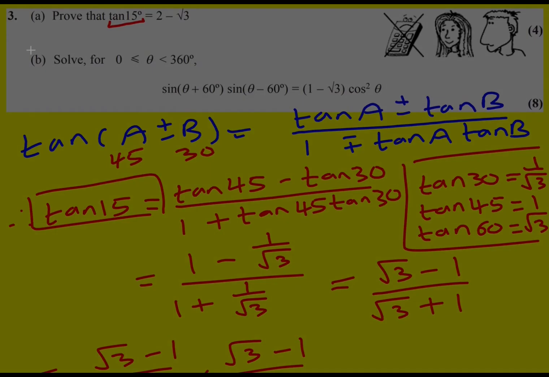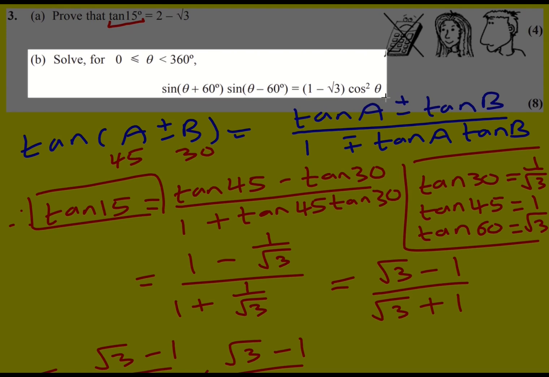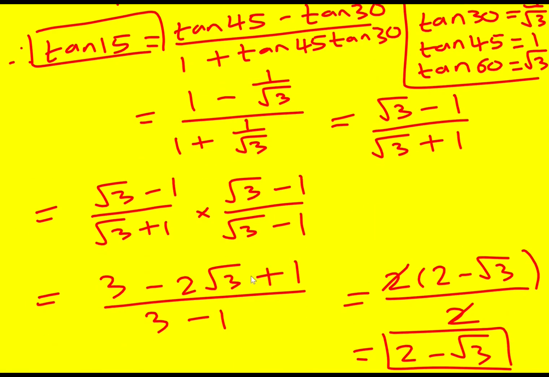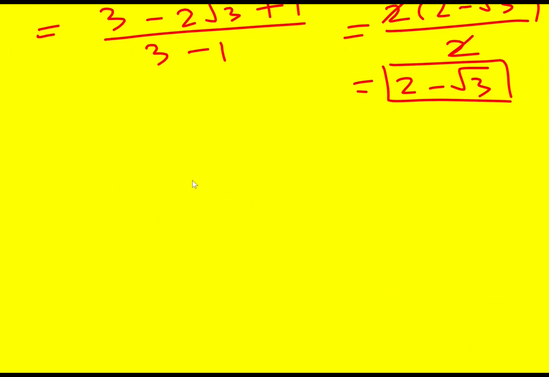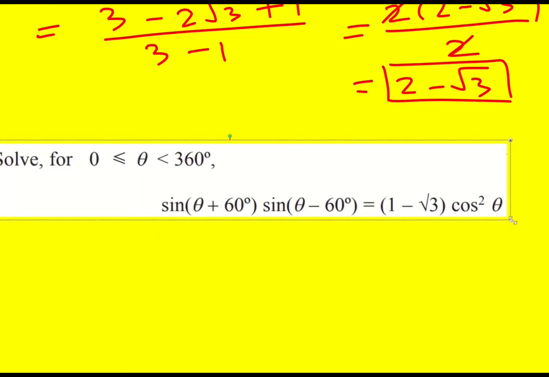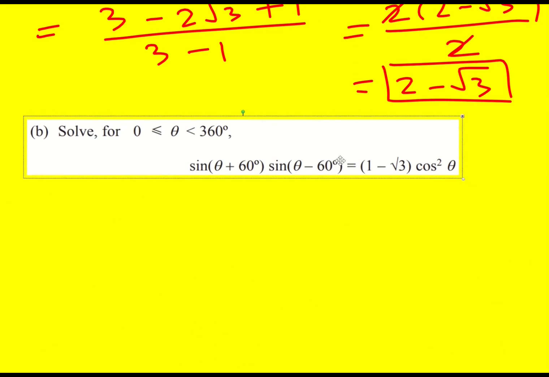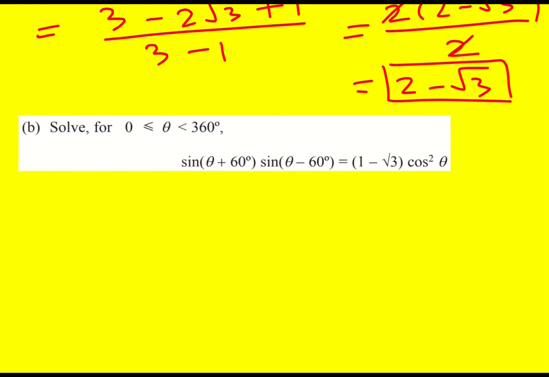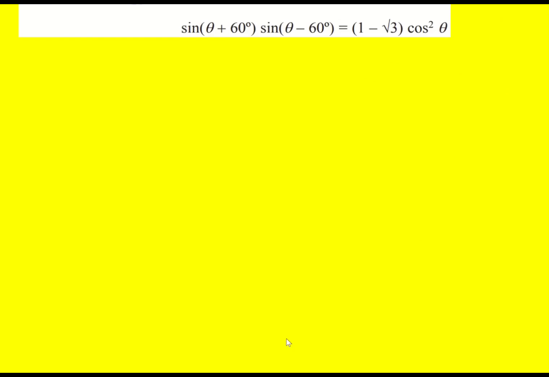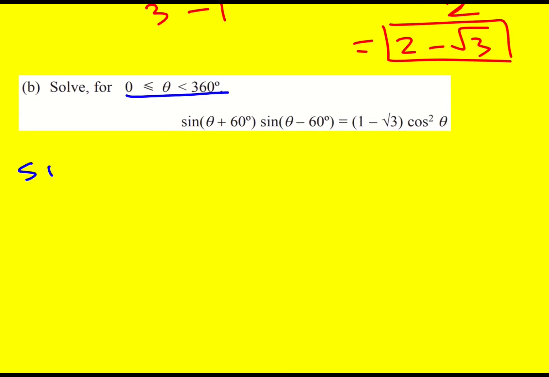All right, next part, we've got this trig equation to solve. And we're definitely going to need some addition formula again. Now remember, we're solving between 0 and 360. So this time I'm going to write down the addition formula for sine.